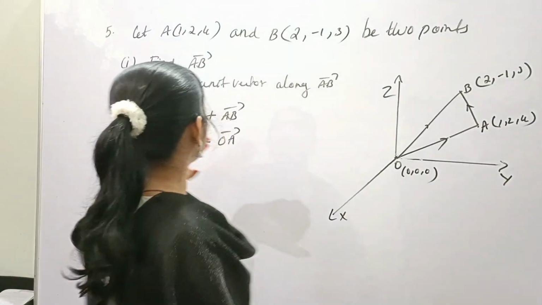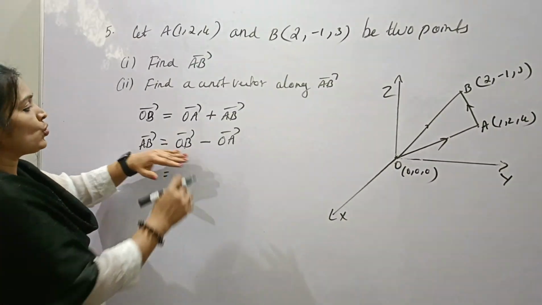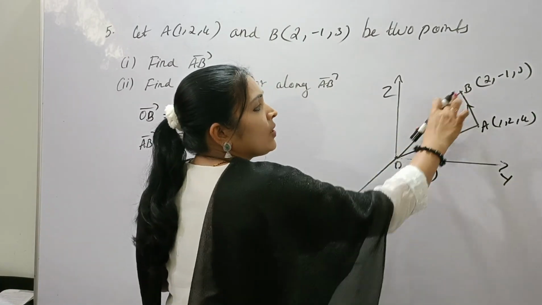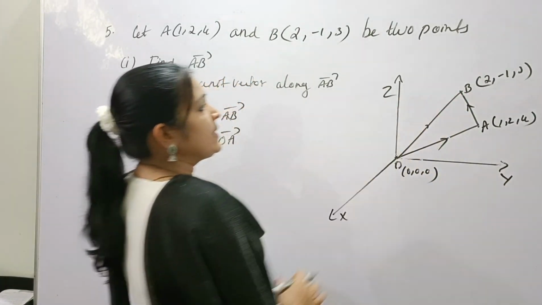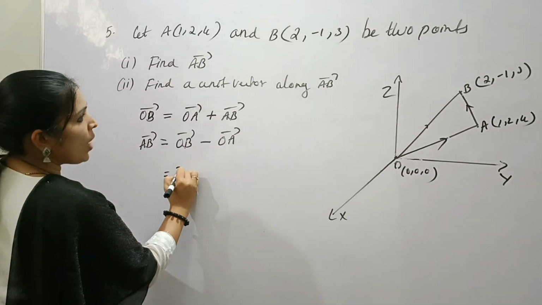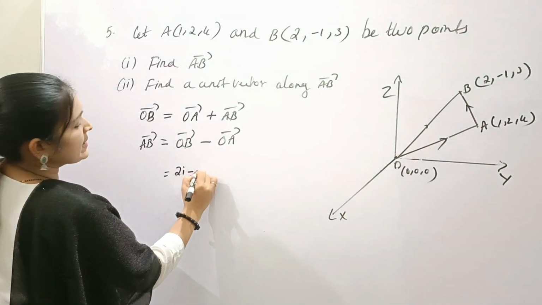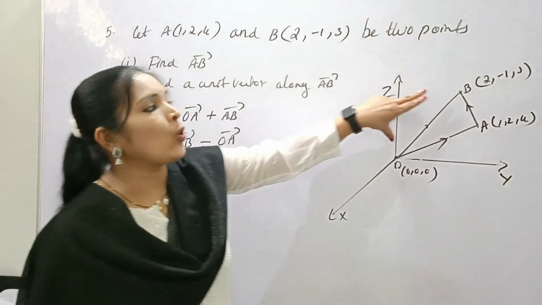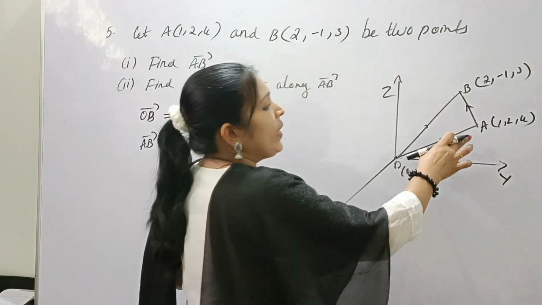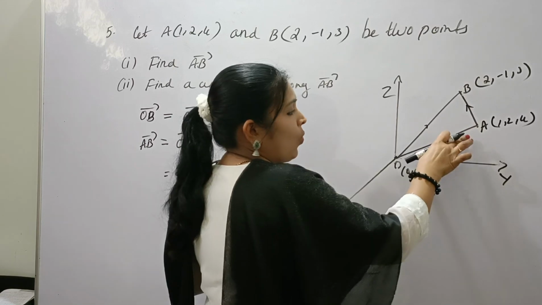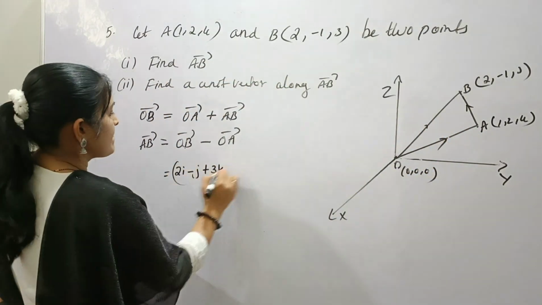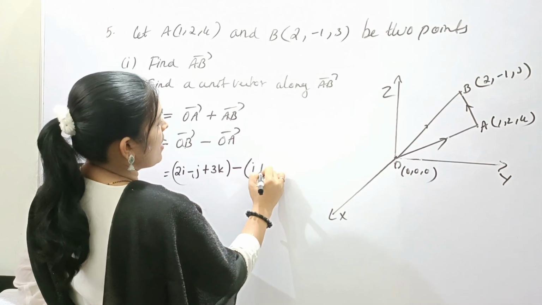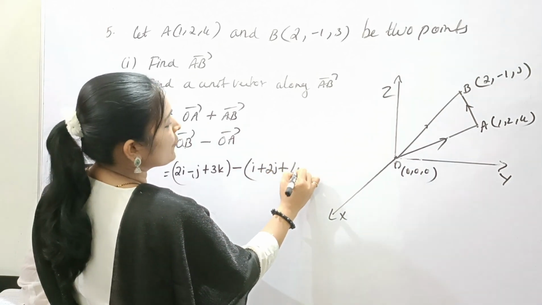Now we have to find vector AB, so let's substitute. What is vector OB? O is the origin. So vector OB is 2i minus j plus 3k. And what is vector OA? It is i plus 2j plus 4k.